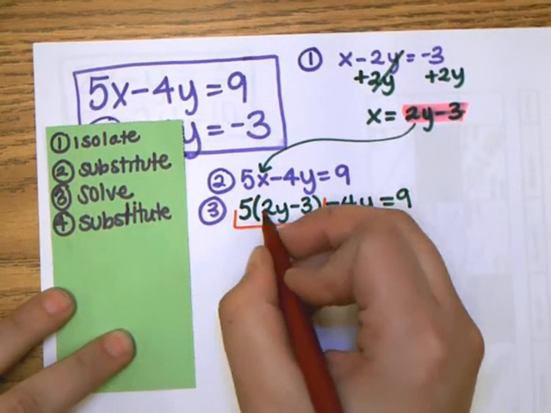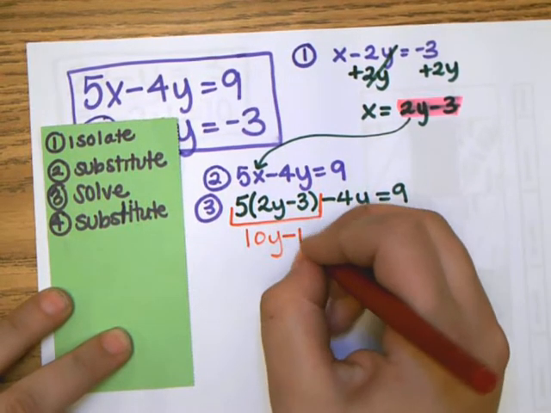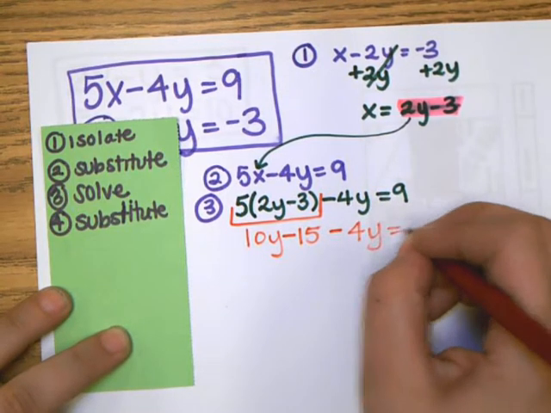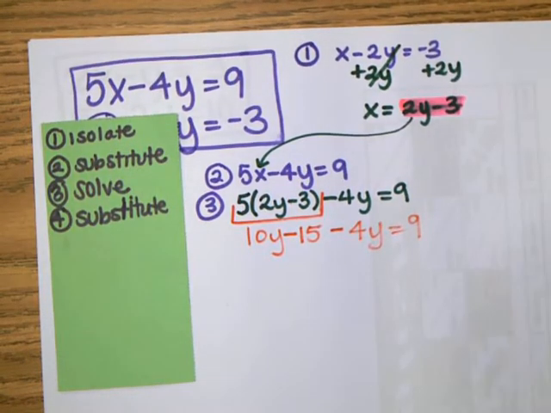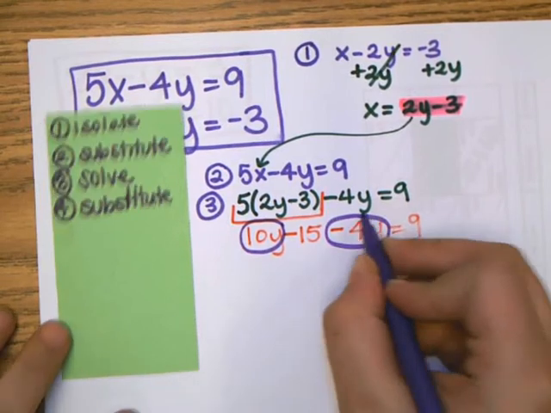So we're going to distribute here. So 5 times 2 is 10y. 5 times -3 is -15. Bring down the -4y. And then we're going to combine the like terms.